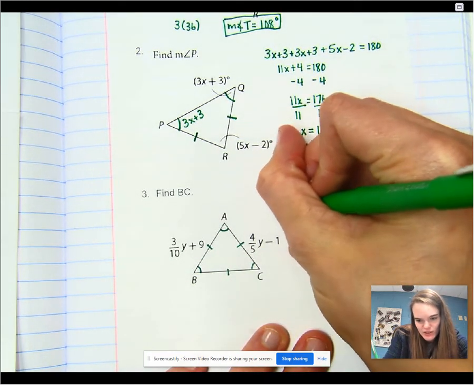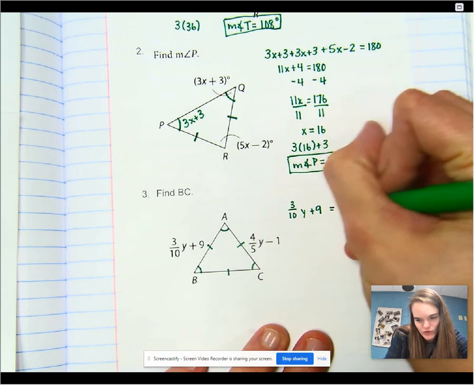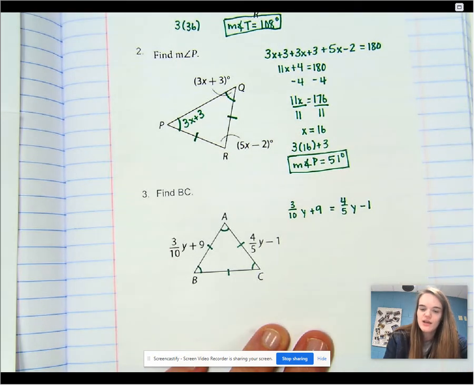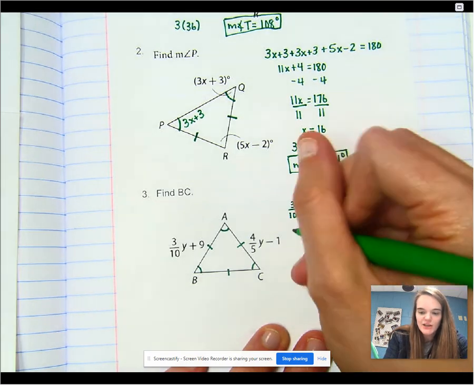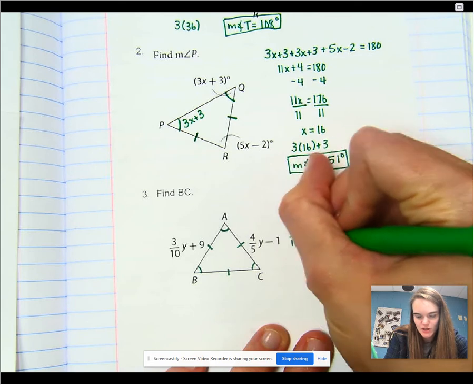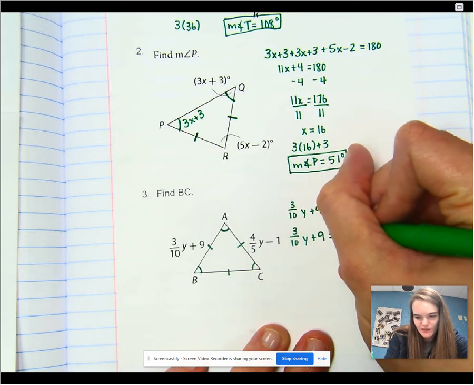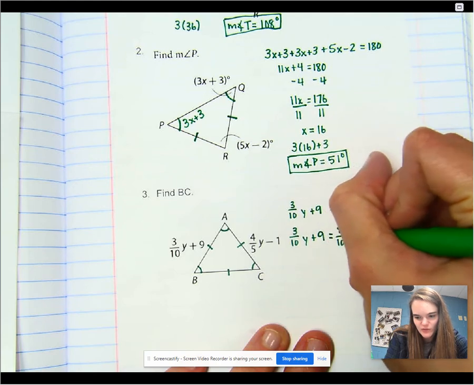So 3 over 10 y plus 9 equals 4 over 5 y minus 1. Now, I've gone pretty fast through this. I would pause the video, try to solve this on your own, okay? I'm actually going to change 4/5 to a common denominator, so I'm just writing everything down. But 4/5 is 8/10. That's going to help us subtract.